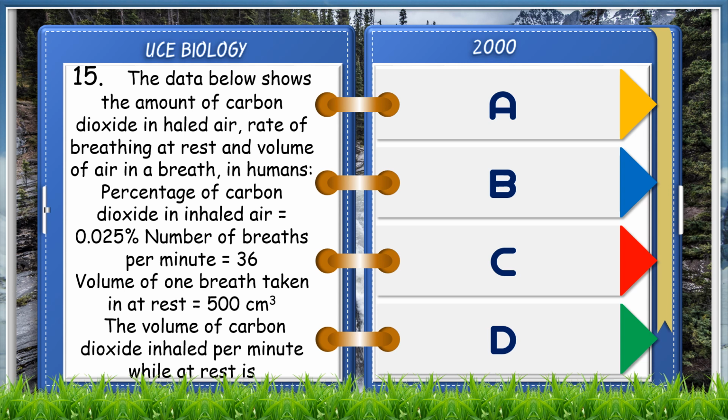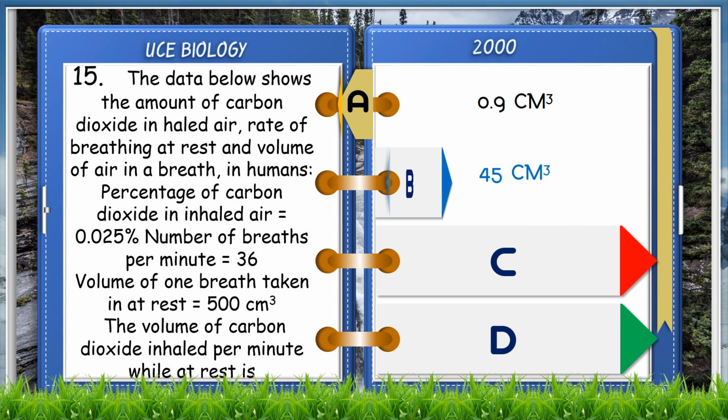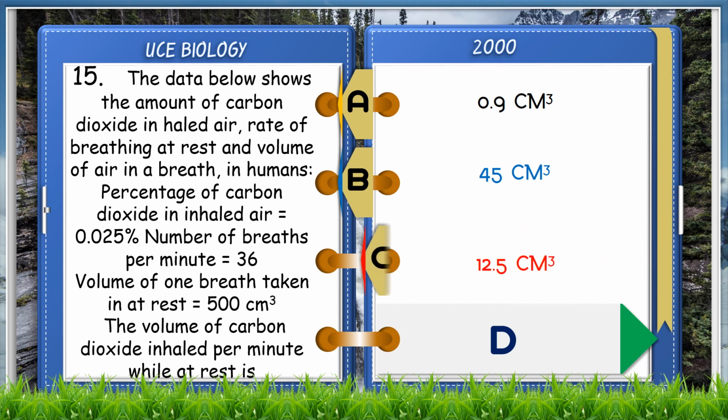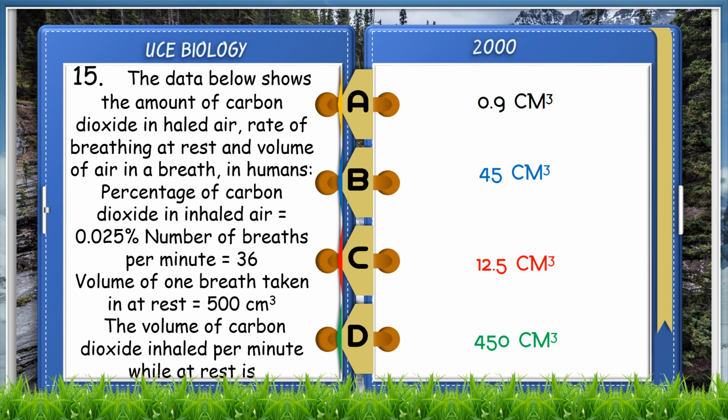The volume of carbon dioxide inhaled per minute while at rest is A. 0.9 cubic centimeters. B. 45 cubic centimeters. C. 12.5 cubic centimeters. D. 450 cubic centimeters. The answer is B. 45 cubic centimeters.